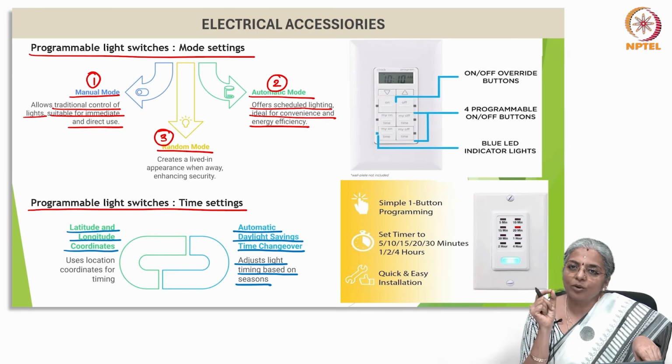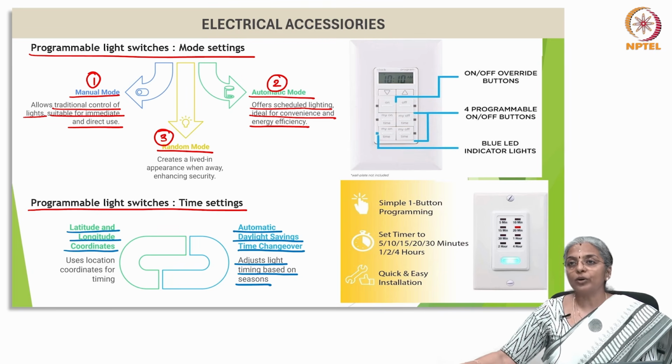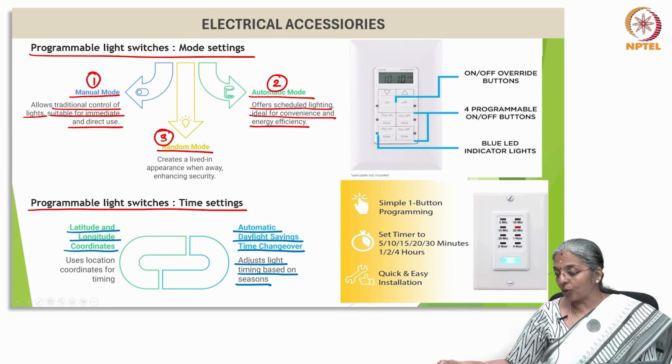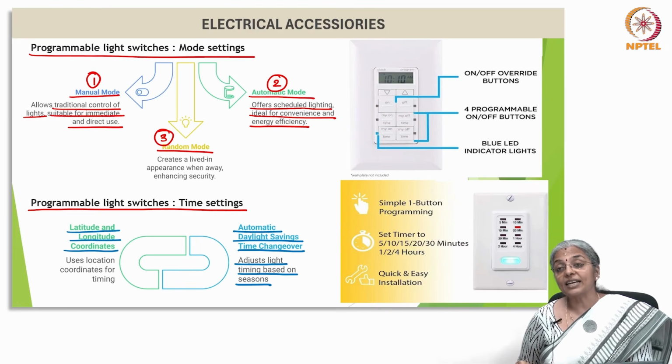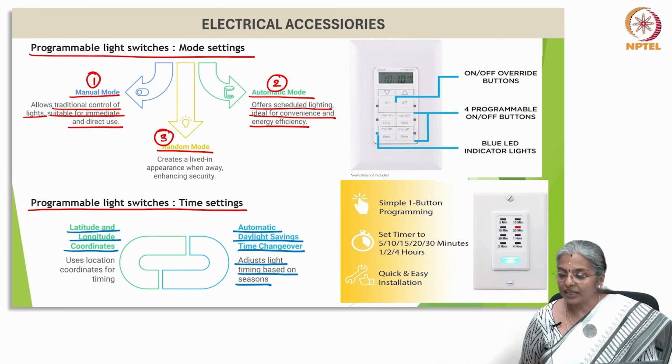Typically, the latitude is set to plus 45 and longitude is set to minus 75 by default. But we can change the setting depending on our coordinates, and by doing that, based on the coordinates, it will be able to sense the sunrise and sunset time, and accordingly the light will be switched on or the light will be switched off.